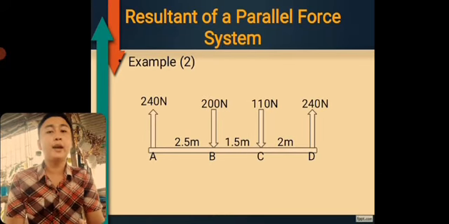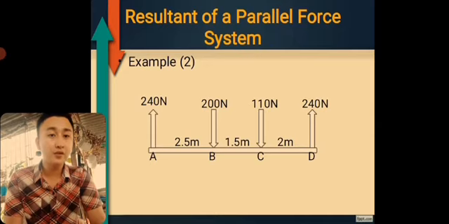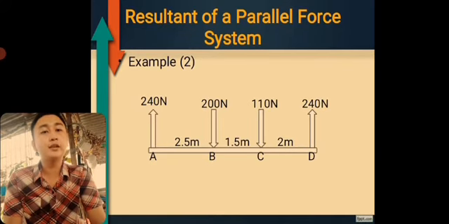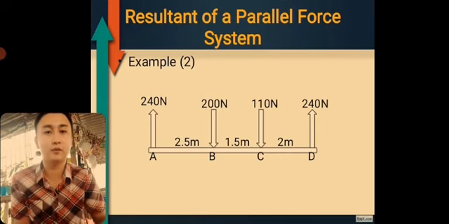From point A, 240 Newton was applied upwards. From point B, 200 Newton was applied downwards, from point C, 110 Newton was applied downwards also, and from point D, 240 Newton was applied upwards also. And 2.5, 1.5, and 2 meters represent the distances.